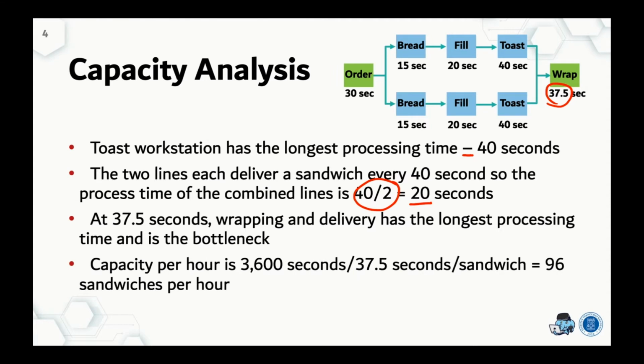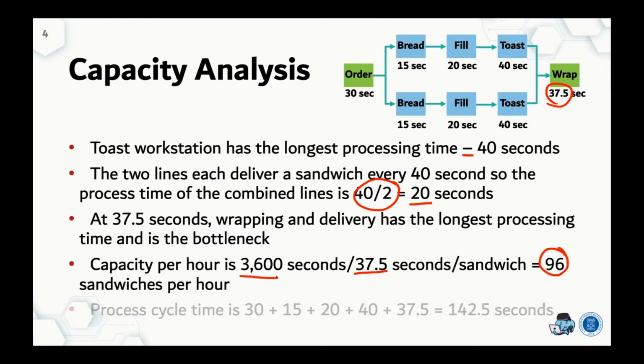The capacity per hour is equal to 3600 seconds, which is 1 hour, divided by 37.5, which is equal to 96 sandwiches per hour.